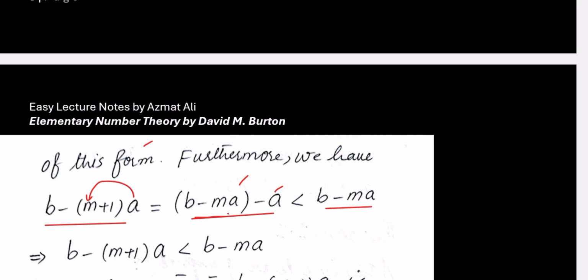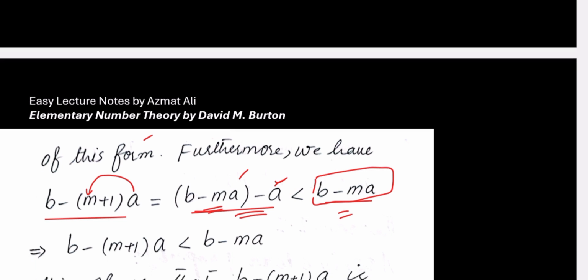How? On the left side, if you observe, we are subtracting a from this number, and on the right side the number is itself, b minus ma. So clearly b minus ma minus a is less than this number.